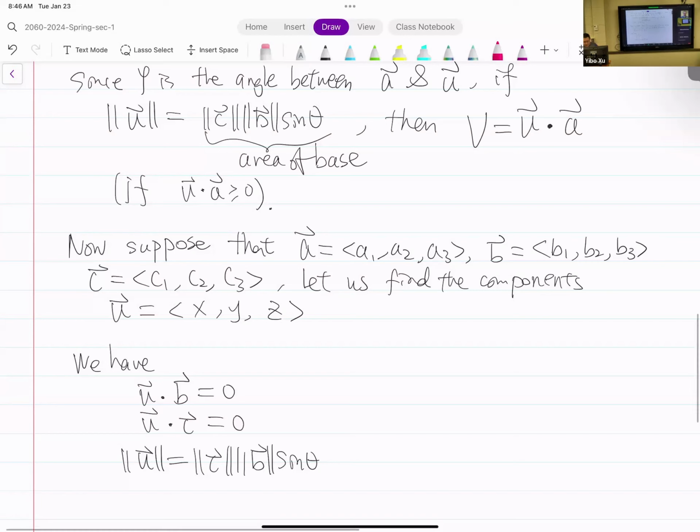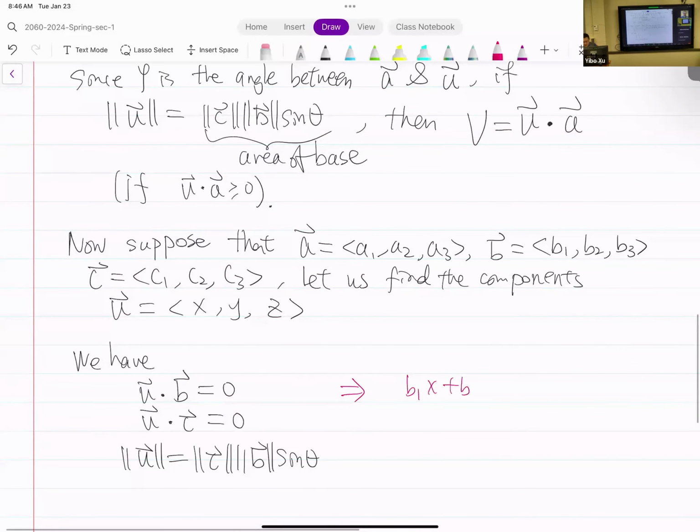But now to put them down in an analytical way, putting the coordinates together, u dot b is what? u dot b is b1x plus b2y plus b3z equals 0, right? And now u dot c equals 0, that means c1x plus c2y plus c3z is 0.